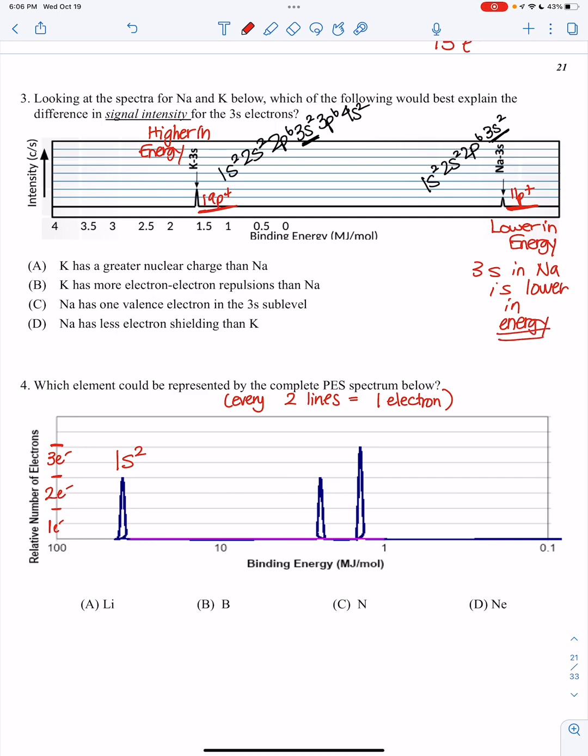Why would the 3s of sodium be lower in energy than the 3s of potassium? The only hint I'm going to give you is that potassium has 19 protons in its nucleus, atomic number 19, and sodium has 11 protons in its nucleus.